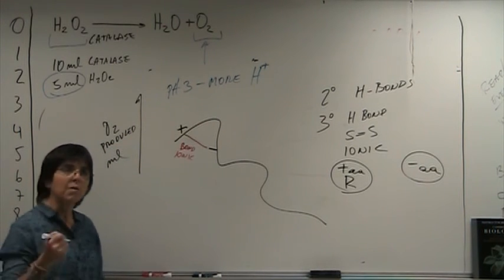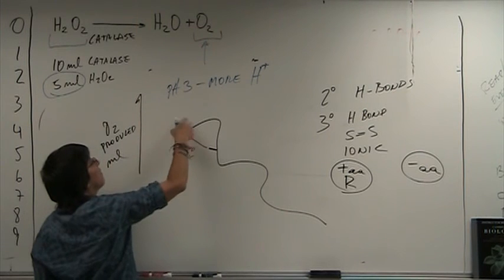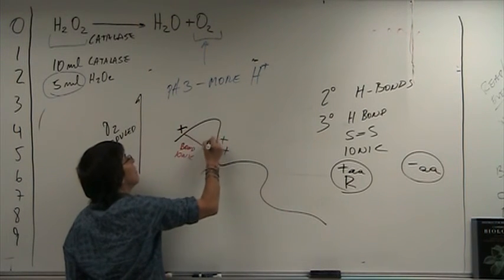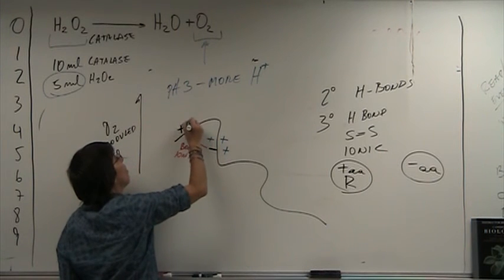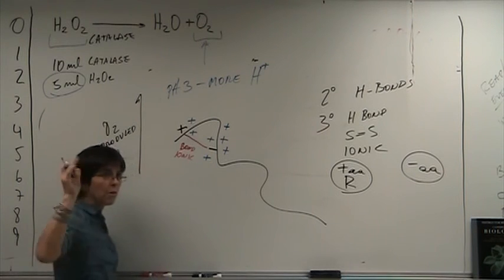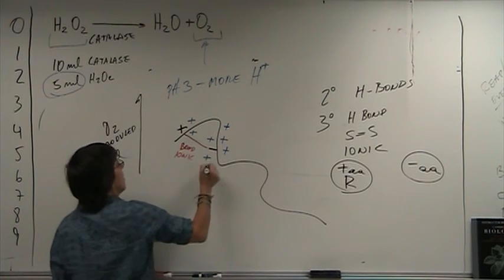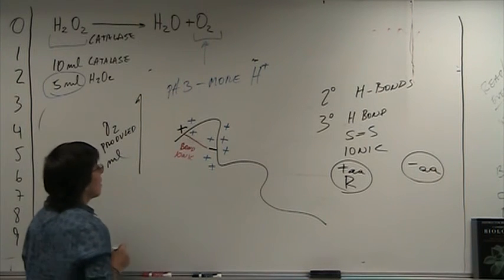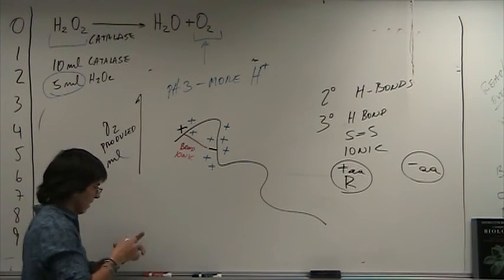That means more positive charges. So I have this situation here, and I'm going to increase the amount of positive charges all over because I'm changing the pH from 7 to 3. That's like 10,000 more hydrogen ions.